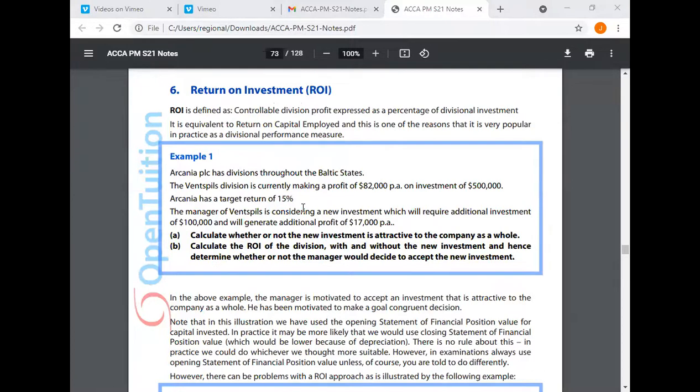The Ventspils division is currently making a profit of 82,000 per annum on investment of 500,000. Acacia has a target return of 15%. The manager of Ventspils is considering a new investment which will require additional investment of 100,000 and will generate additional profit of 17,000 per annum.